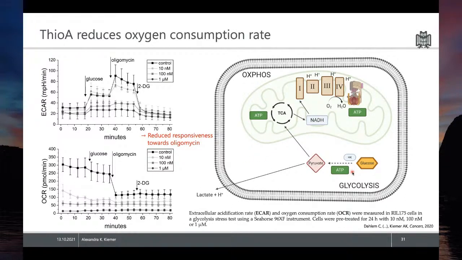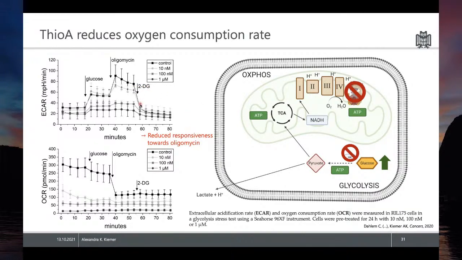This is done by injecting glucose to get the system more or less started, or injecting oligomycin, an inhibitor of ATP synthase in the mitochondria, and then inhibiting hexokinase.